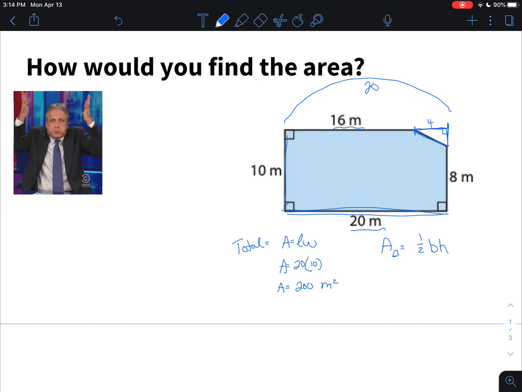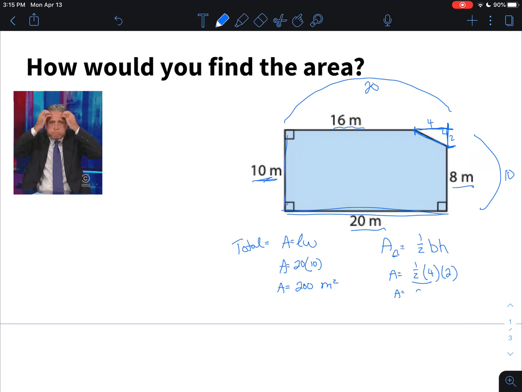And if this is 16, this little piece must be 4. So area is 1/2 times 4. And then I need to find the height, which is this little piece right here. Matching this side of 10, I know this whole thing has to be 10. That means if this is 8, this must be 2. So I can fill that in for my height.